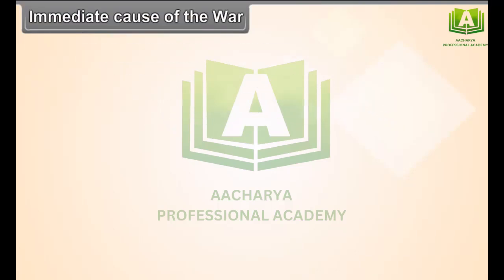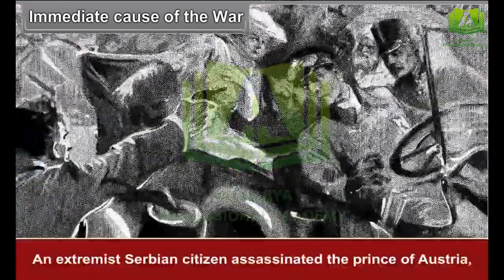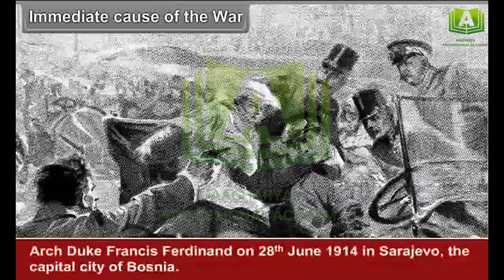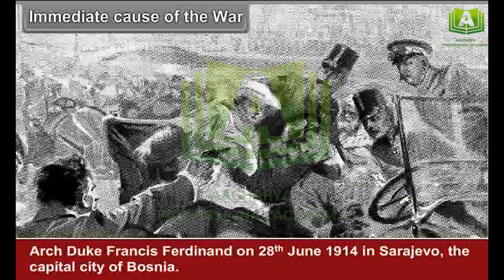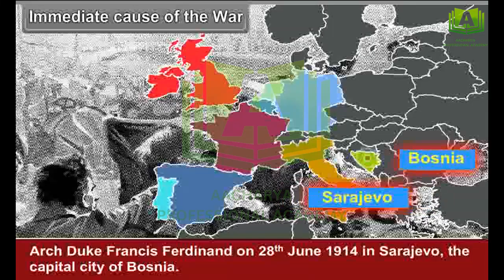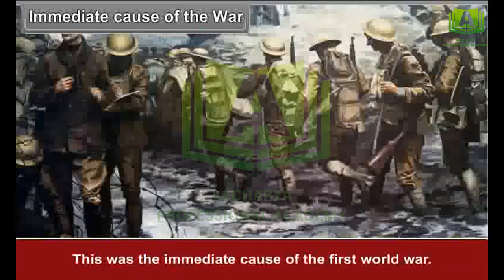Immediate cause of the war: an extremist Serbian citizen assassinated the Prince of Austria, Archduke Francis Ferdinand, on 28 June 1914 in Sarajevo, the capital city of Bosnia. This was the immediate cause of the First World War.